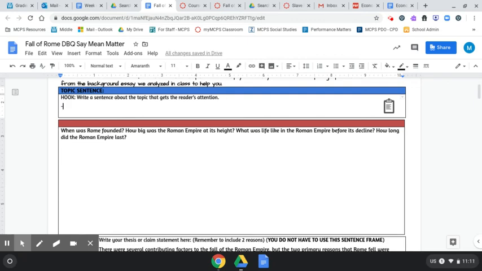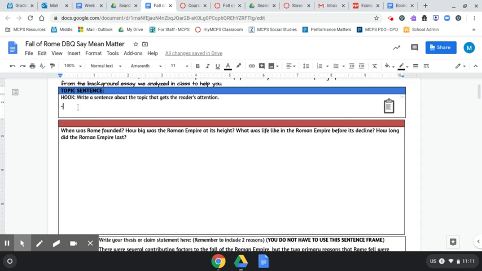You want to start your essay off with something that's going to make the reader want to continue to read your essay. Now, be careful. I've seen a lot of people saying things like, "Have you ever wondered?" or "Did you know?" You don't want to talk to the reader directly like that. It's really more of a statement about Rome or about the fall of Rome that the reader might find interesting.